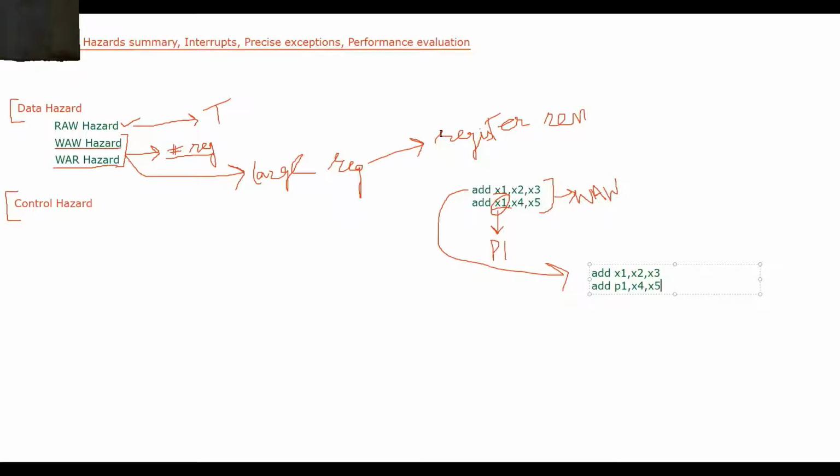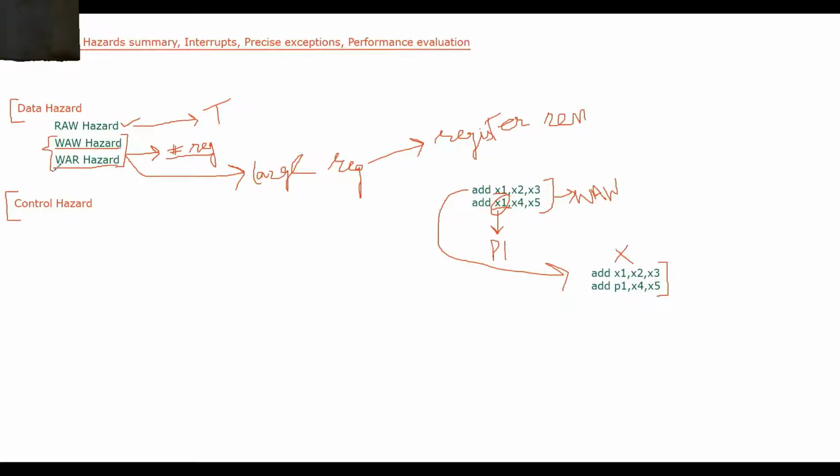Now you can see, by renaming my registers, is there a WAW dependency here? No, there is no WAW dependency. So by doing register renaming, I can easily remove these two hazards, WAW hazard and WAR hazard.